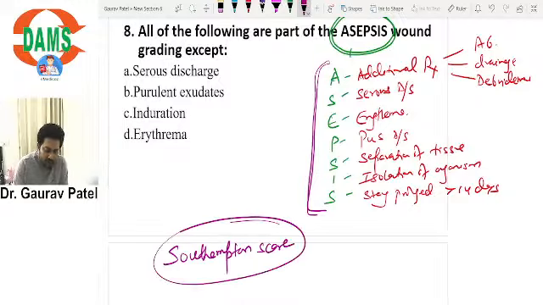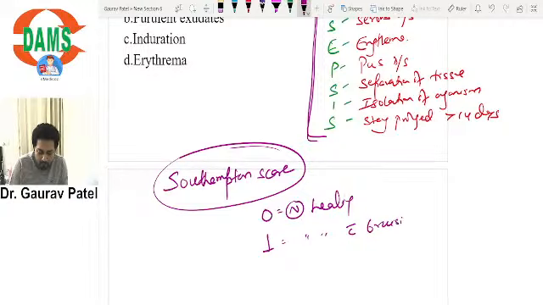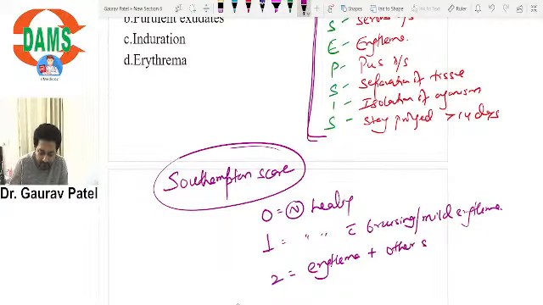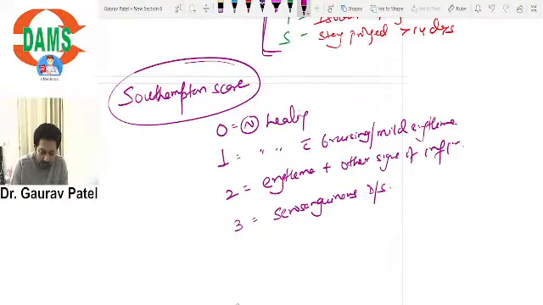So you need to remember these two scores. 0 is normal healing. 1 is normal healing with bruising or mild erythema. 2 is erythema and other signs of inflammation, like pain, tenderness, edema. 3 is serosanguinous discharge, serous discharge or serous mixed with blood. 4 is pus discharge.